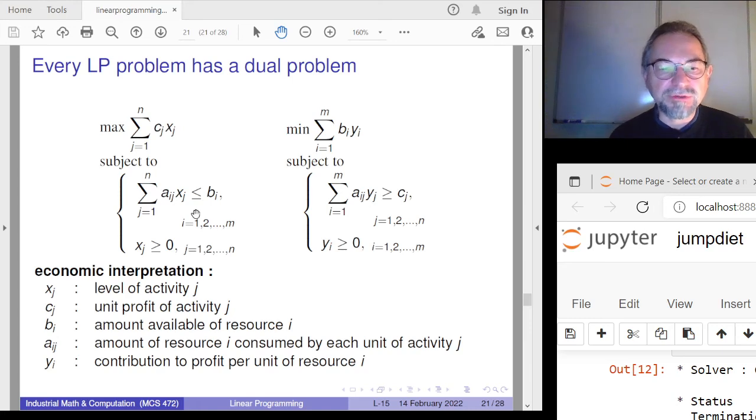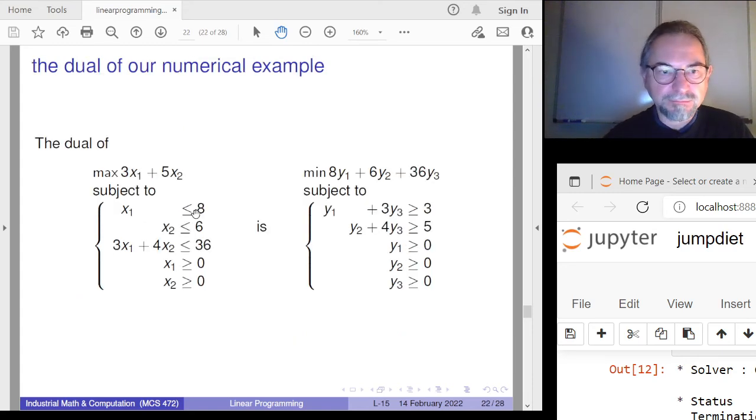So the constraints are the amount that is available for the resource. So algebraically, it is a transpose operation.